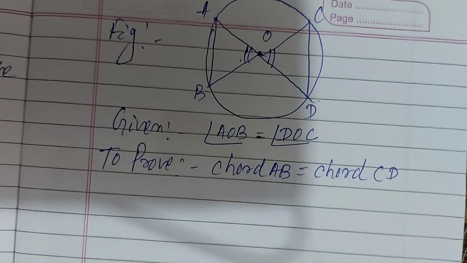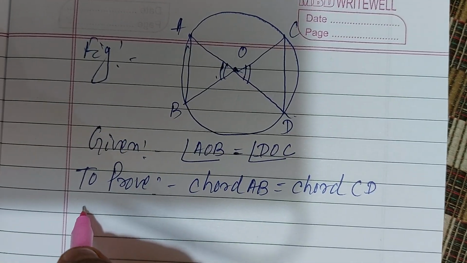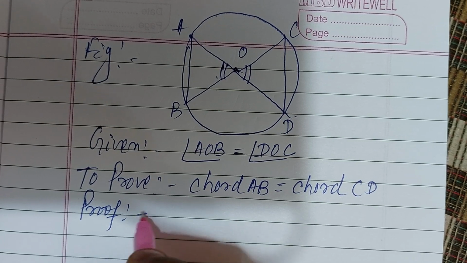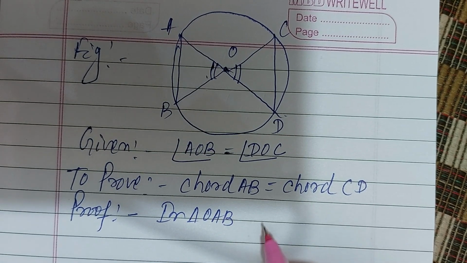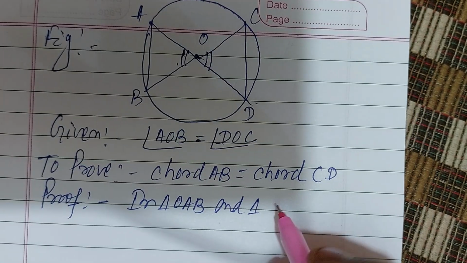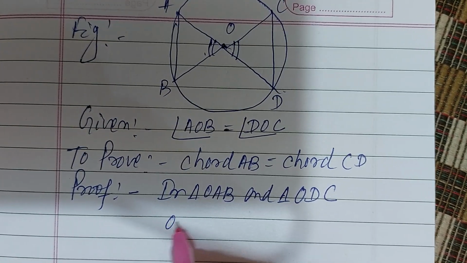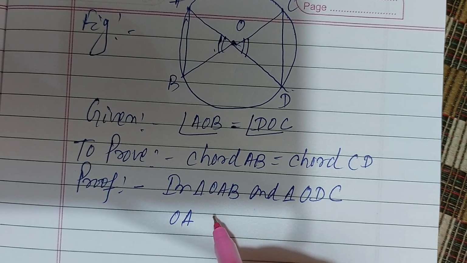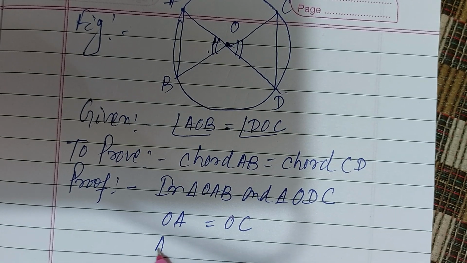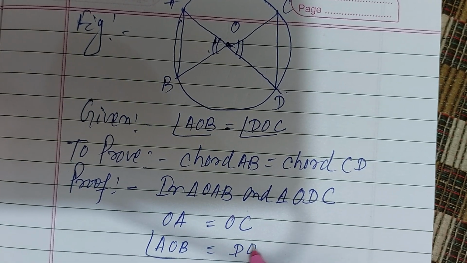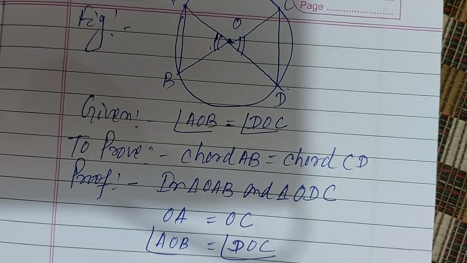No construction is required here. Only the given condition is sufficient to prove this theorem, right? So proof here. Let us go to the proof section. In triangle OAB and triangle ODC, OA is equal to OC, angle AOB is equal to angle DOC, then OB is equal to OD, right?